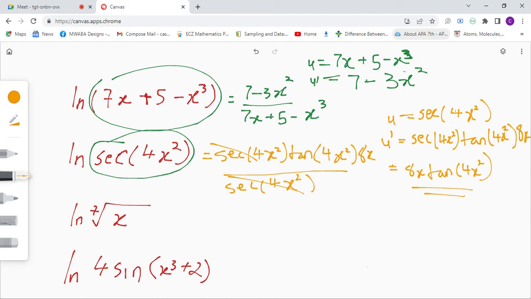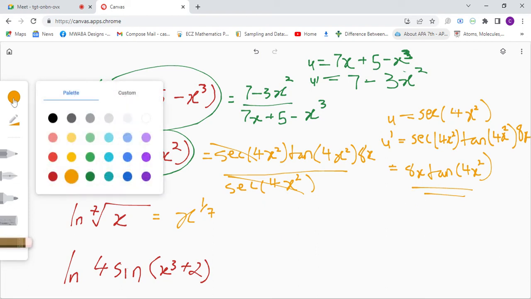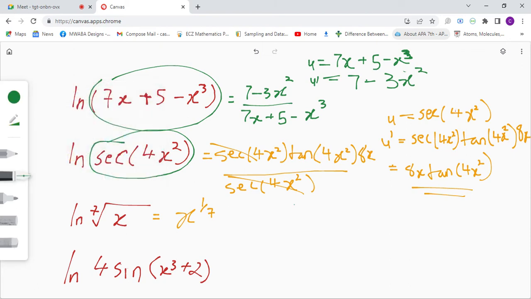All right, so the next one, we derive the natural log of the seventh root of x. So this is the same as x to the power 1 over 7. So I'm going to say our u is x to the power 1 over 7.